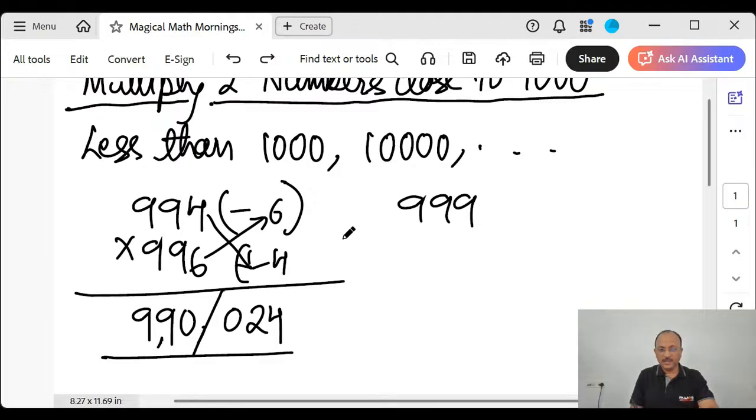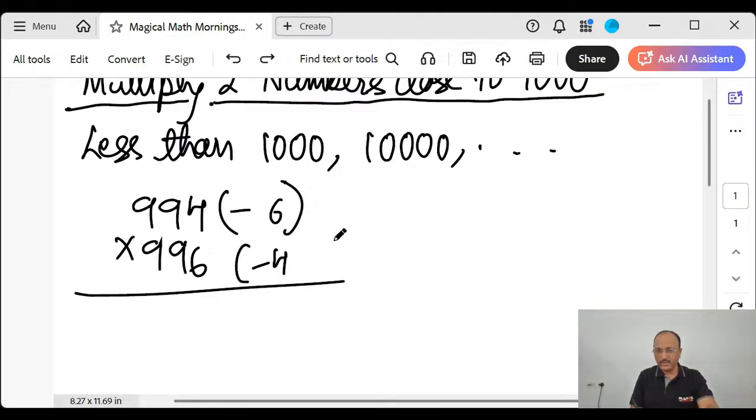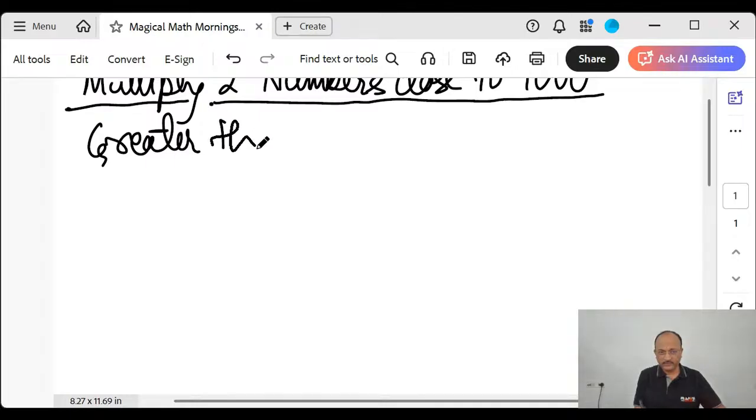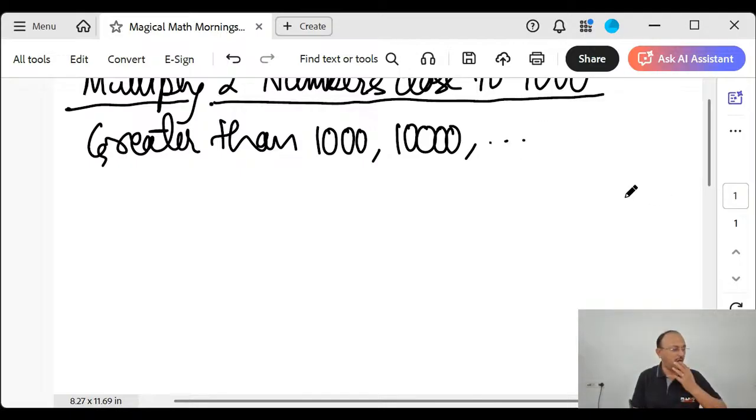That means the two numbers should be greater than 1000, greater than 10,000, because greater than 100 we have already seen yesterday. Greater than 1000, 10,000, 1 lakh, etc. So what do we do?